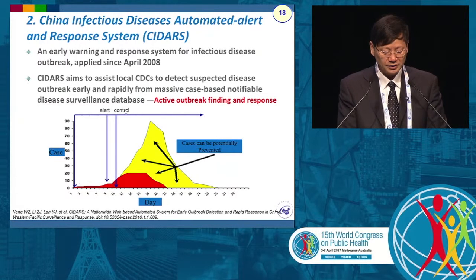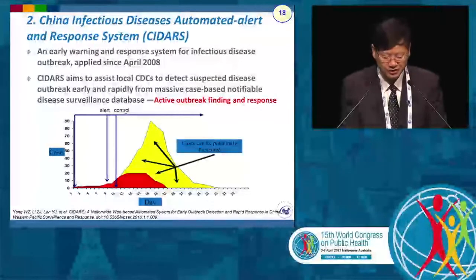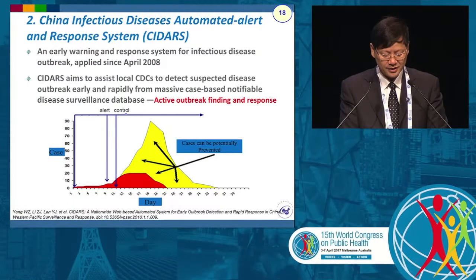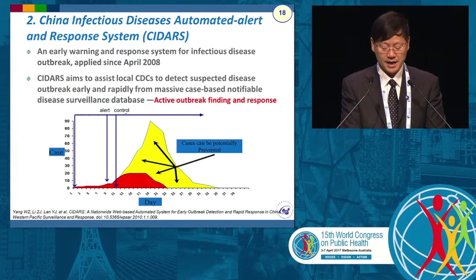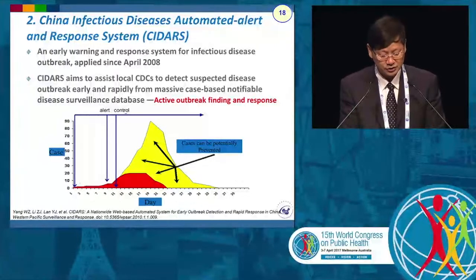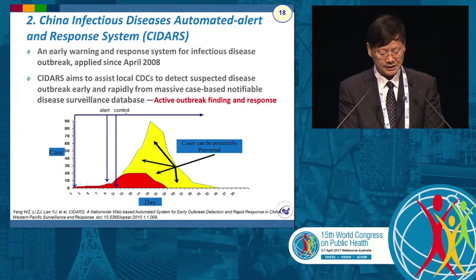As you know, early detection of aberration of disease occurrence is critical for emergency response, which can timely trigger the alert and take effective control measures so as to prevent disease spreading and reduce new cases.